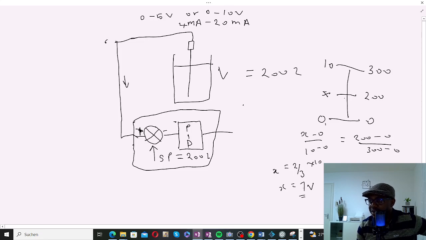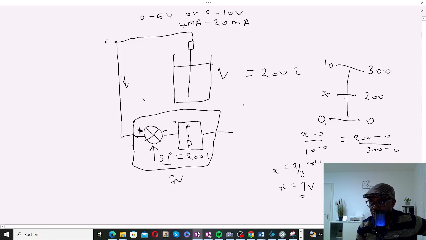Okay, nearly 7 volts. So what is going to happen is that if your set point, so the standard, what we have here, the SP, I don't know if you can see. Okay, yeah, our SP here, we said is 200 liters. And that 200 liters in terms of voltage is 7 volts. And what is coming from this signal up here?